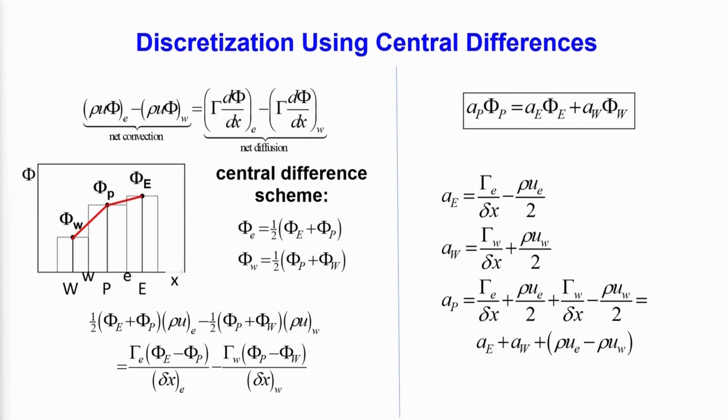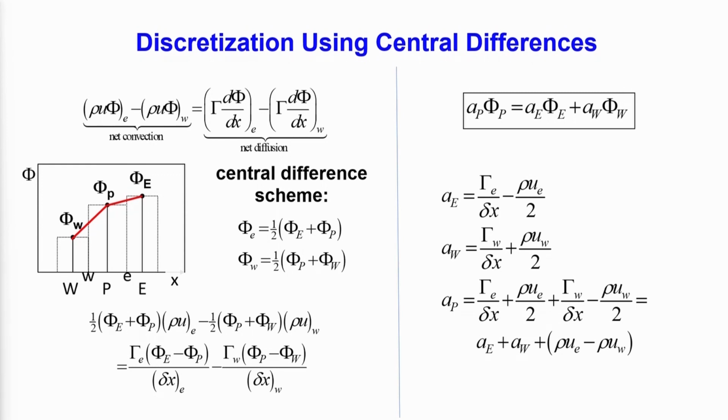So, we have used this piecewise linear interpolation for the diffusion terms in our diffusion problems. If you recall, for the diffusion problems we assume that phi, or in that specific example temperature, varies linearly between two grid points, and that is what we have drawn here.